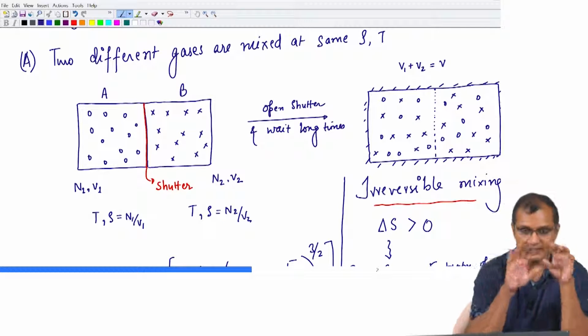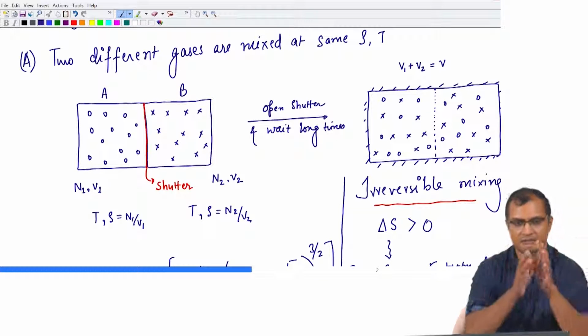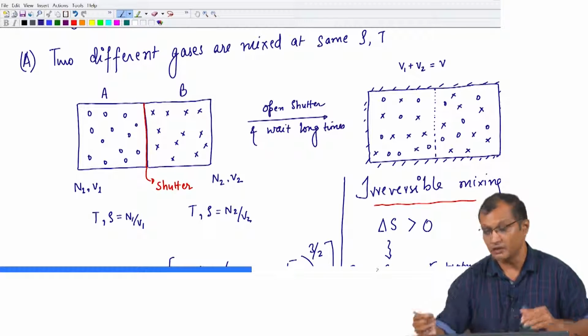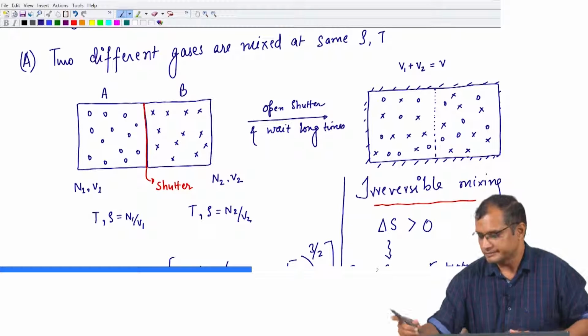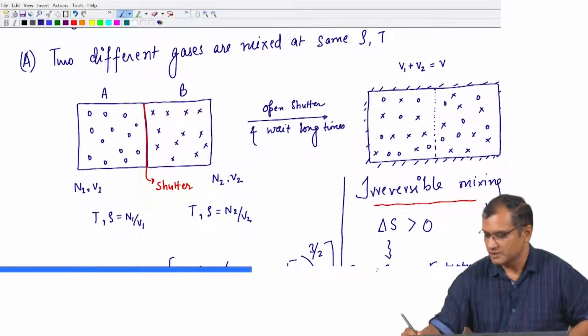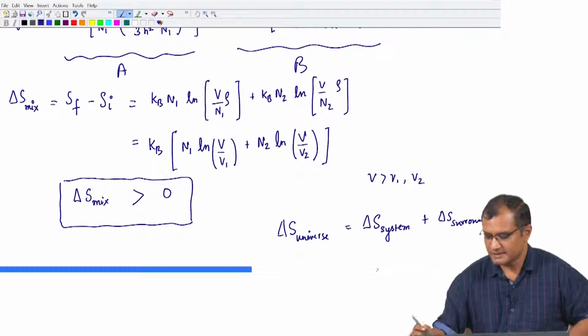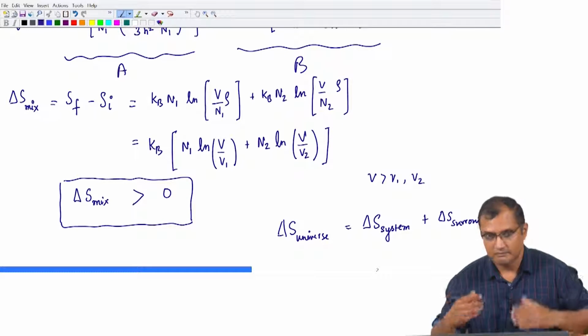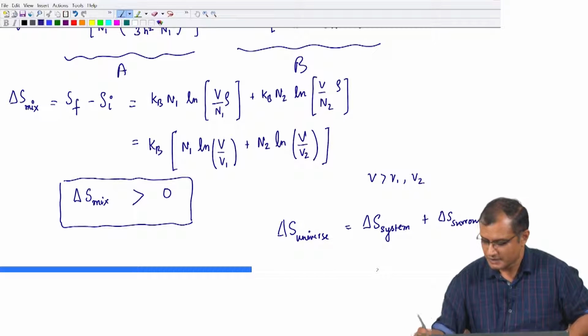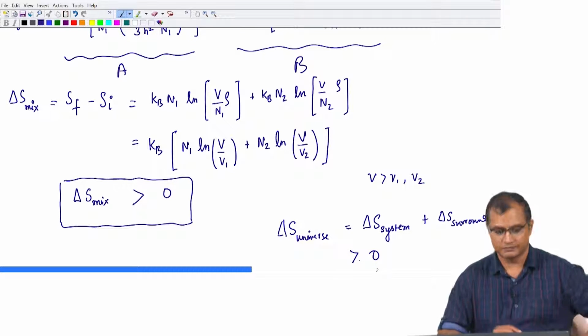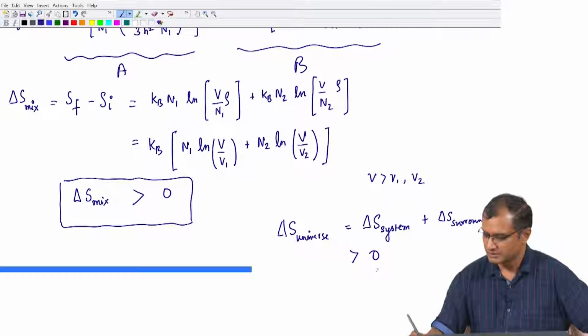But my system inside, which is enclosed inside an isolated boundary, I see that delta S of the system has become positive, and so this is in fact greater than 0, which is what we have observed.